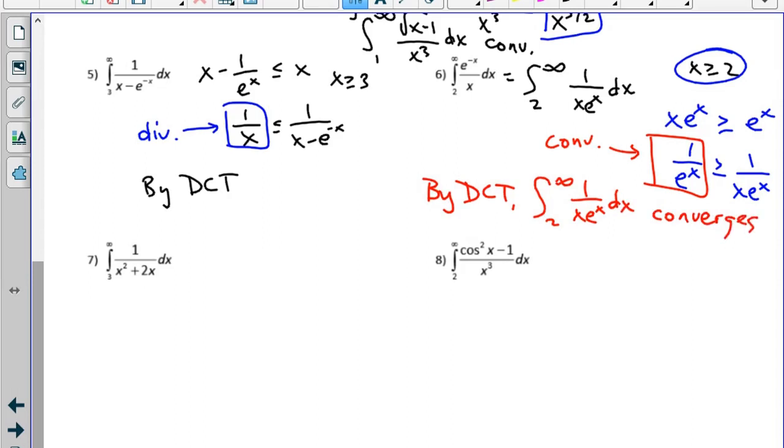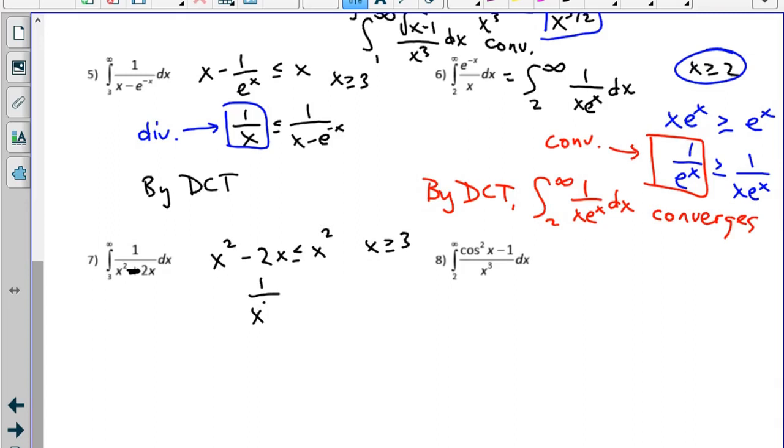A couple more problems. Number 7, we have 1 over x squared minus 2x, the integral from 3 to infinity. Oh, I'm sorry, there's a minus on your paper. So if we try the direct comparison test, x squared minus 2x is less than or equal to x squared as long as x is greater than or equal to 3.